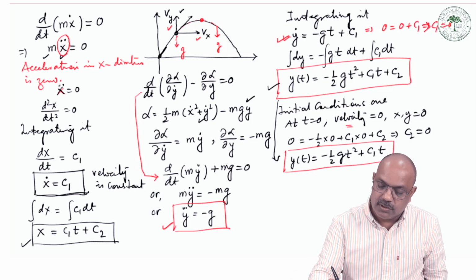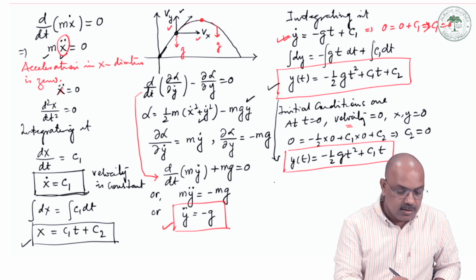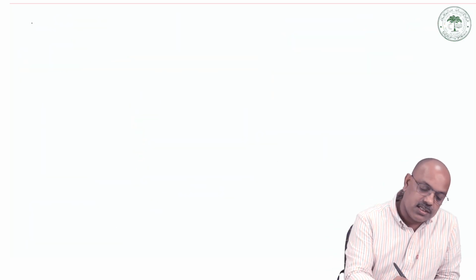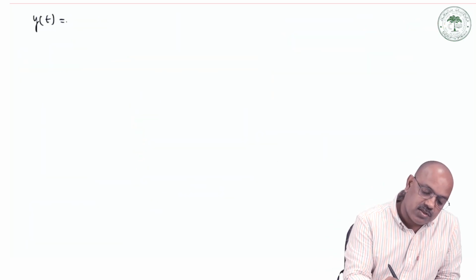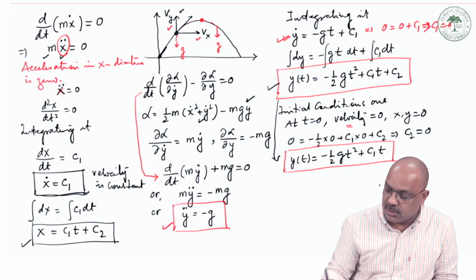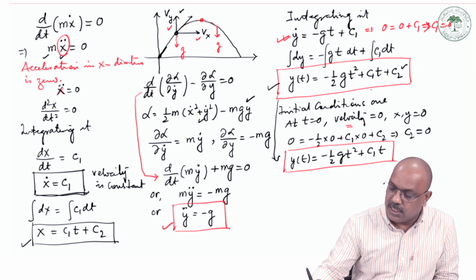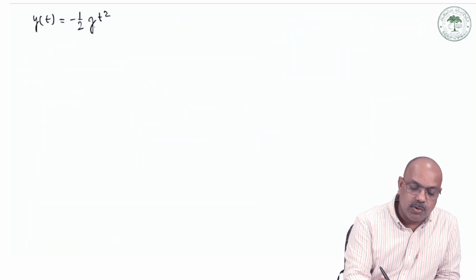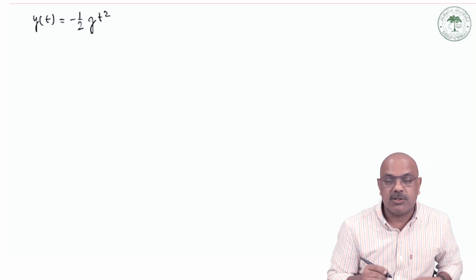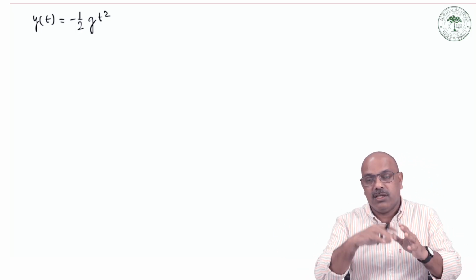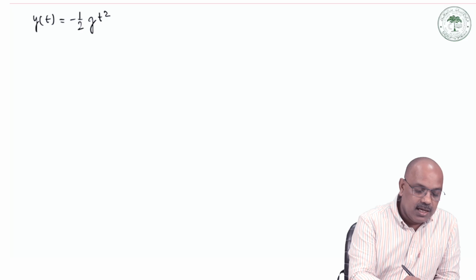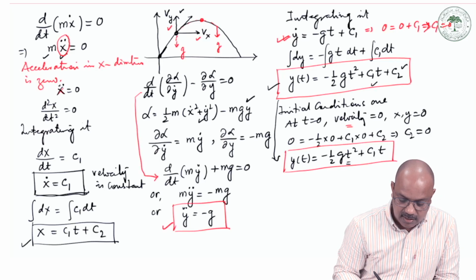So finally, y(t) is minus half gt². Because c2 is 0 and c1 is also 0, only this term remains. So y(t) is equal to minus half gt², because only the force is acting in this direction.